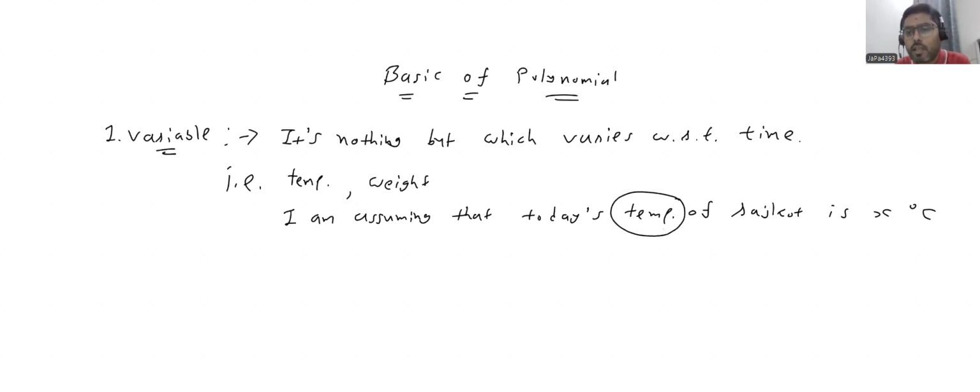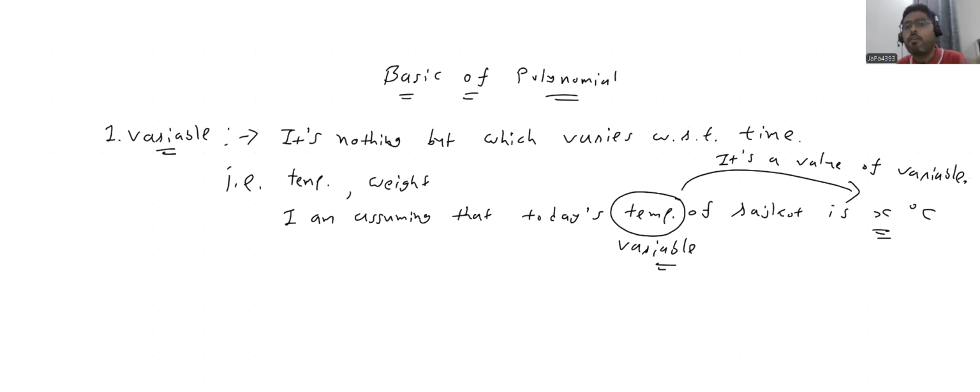Now, what about this X? X is not a variable, but it is the value of that variable. Over here, the variable is temperature, and X is the value of the variable. Now suppose I don't know my weight.